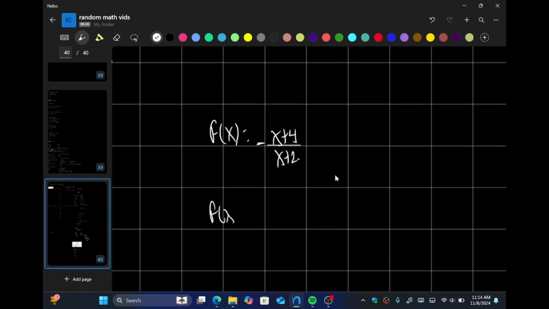So then this would be the quantity negative 3, plus 4 over negative 3 plus 2.